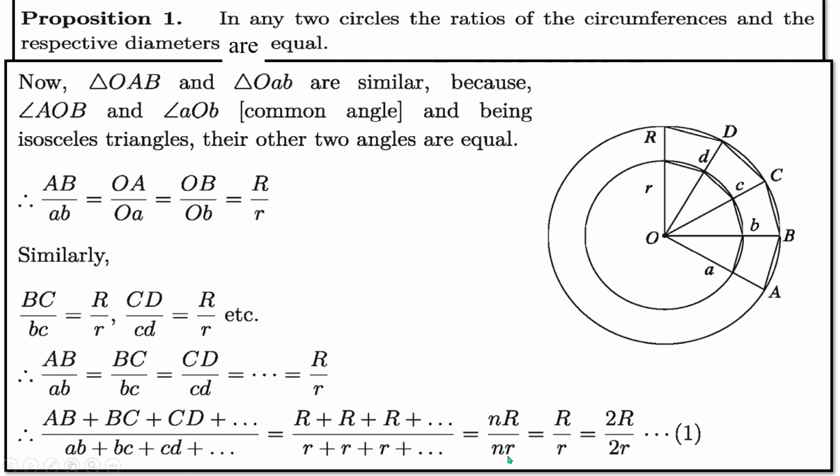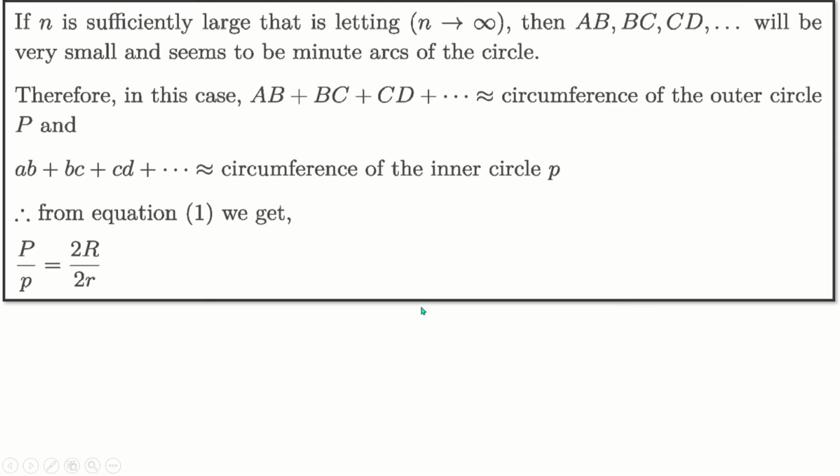As there are 3 times, we also take 3 times here; in general n times, infinite ratios can be used, no problem. This equals nR by small nr, and cancelling n, and multiplying both numerator and denominator by 2, here will be 2R, here small 2 into small r. This is the diameter of the big circle, and this is the diameter of the small circle. Clear?